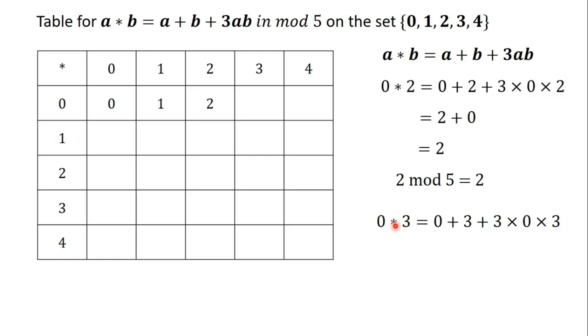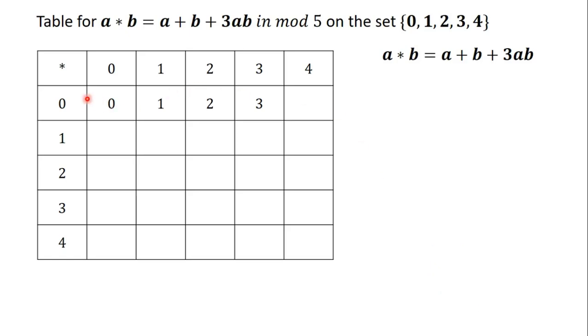The next one is 0 star 3. 0 star 3 is equal to 0 plus 3 plus 3 times 0 times 3. 3 plus 0 will give us 3. 3 times 0 times 3 is 0. 3 plus 0 will give us 3. 3 in mode 5 is 3.